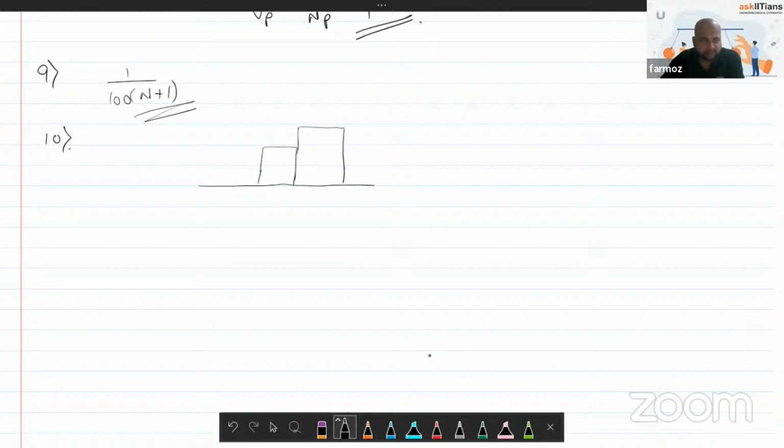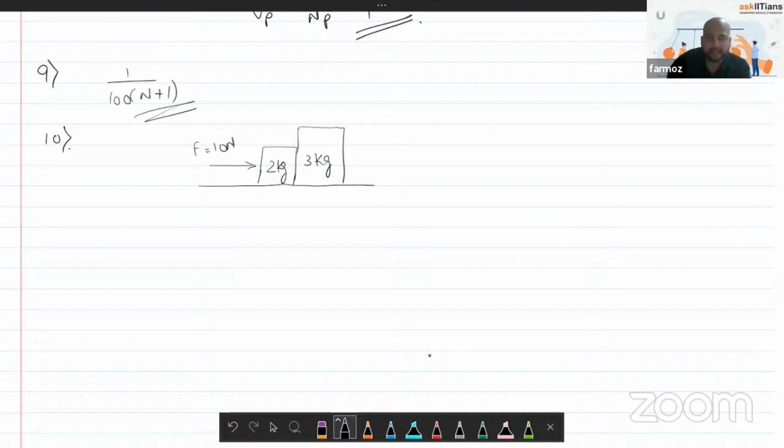This is 2 kg, this is 3 kg, and over here I am applying a force of 10. The masses of blocks A and B are 2 and 3 kg. The block slides over a frictionless surface. The force exerted by block A on block B is. It means that they are asking you the normal reaction.